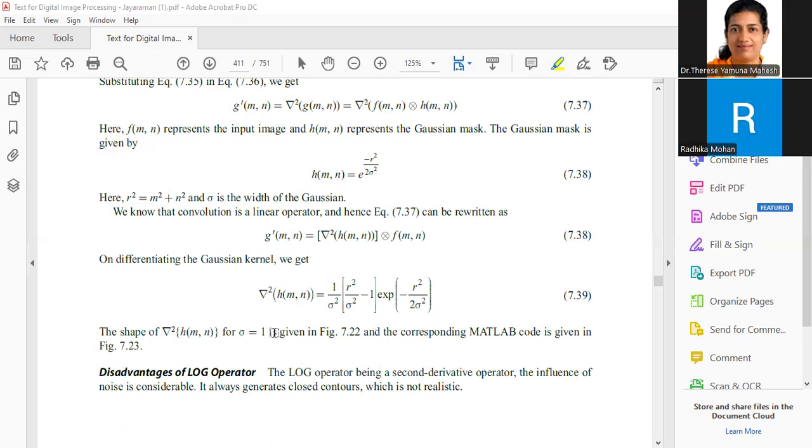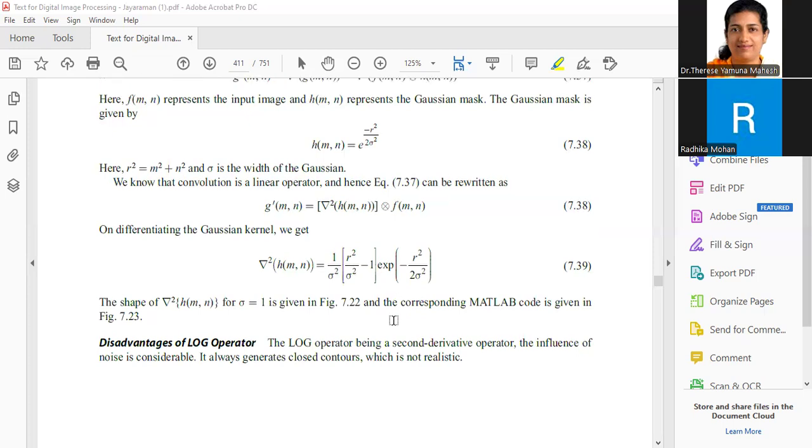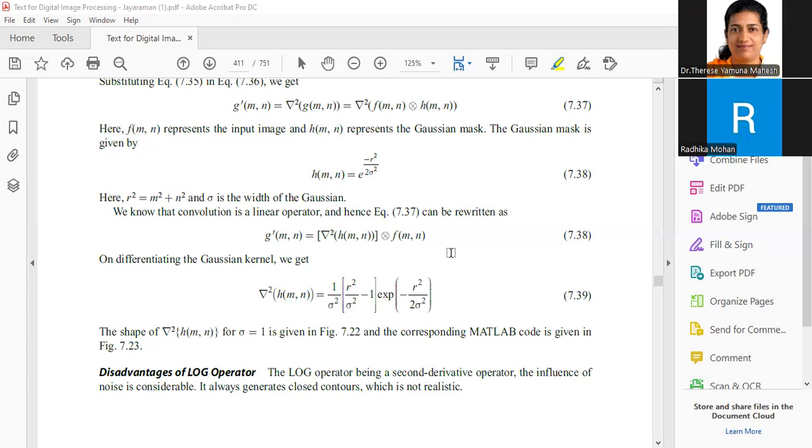Here we are taking standard deviation as 1. So after getting this, we have to take the convolution with respect to f of m comma n to get g dash of m comma n. So this is Laplacian of Gaussian.